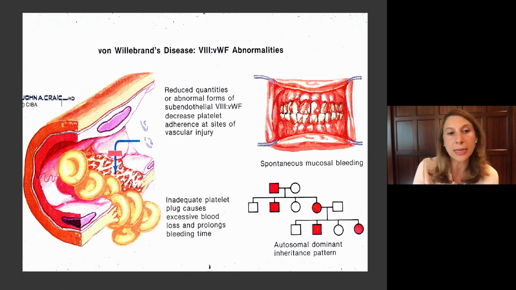And here you can see these platelets are trying to stick to the area where there's the endothelial injury. This inadequate platelet plug results in excessive bleeding and bleeding times and blood loss. These patients may experience a number of different types of bleeding under challenges, but also can have spontaneous mucosal bleeding, and they usually demonstrate an autosomal dominant inheritance pattern. Next slide.